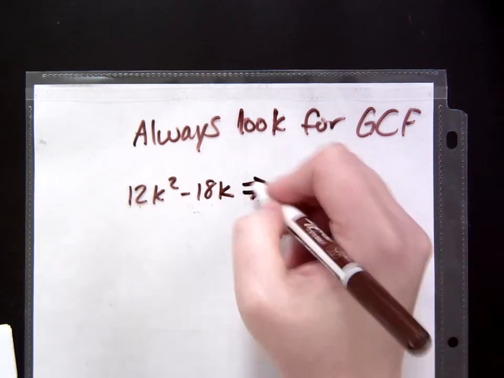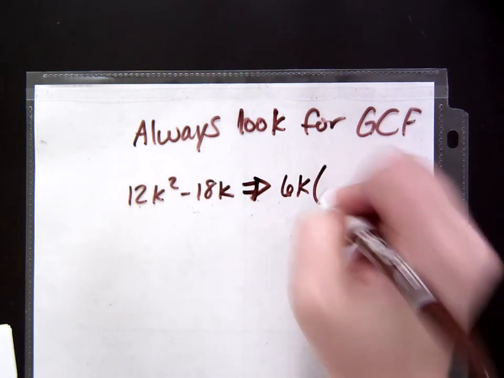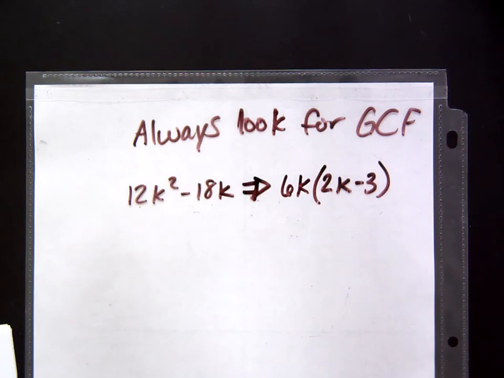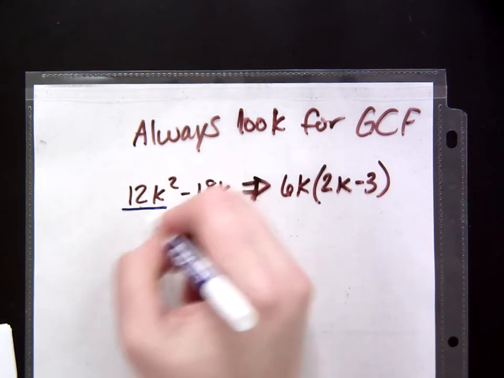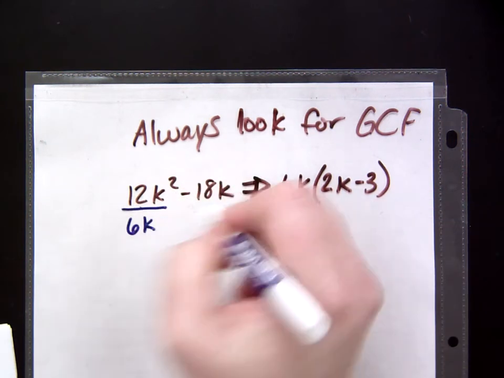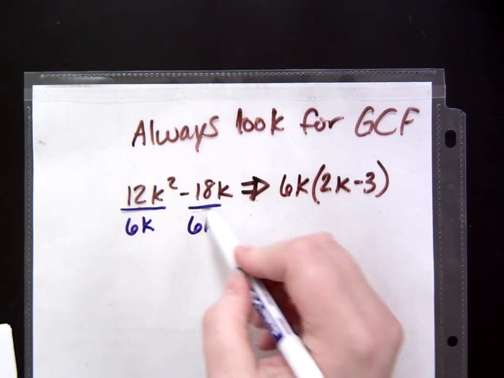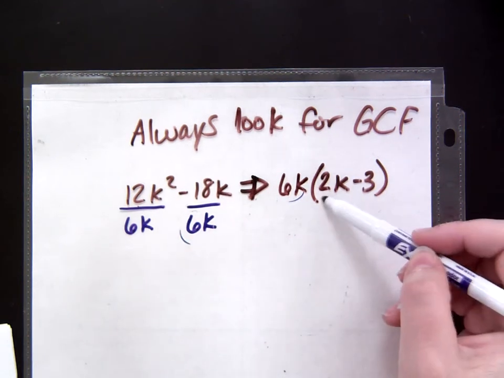So I can rewrite this as 6k times 2k minus 3. Now you might be asking, how did I get the 2k and minus 3? Well, what you do is you divide both of these terms by the greatest common factor. We take the greatest common factor, put it out front, and what's left over when we divide goes here.